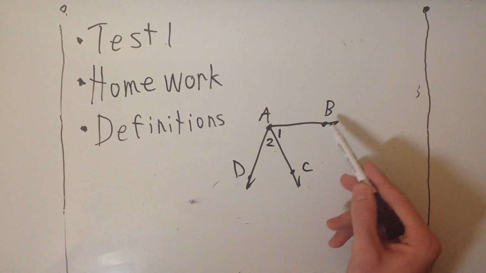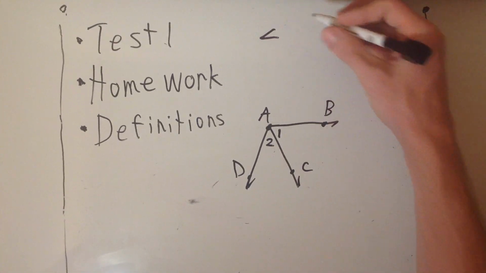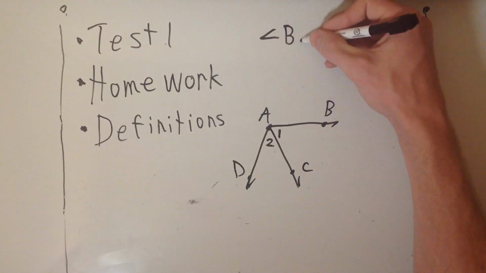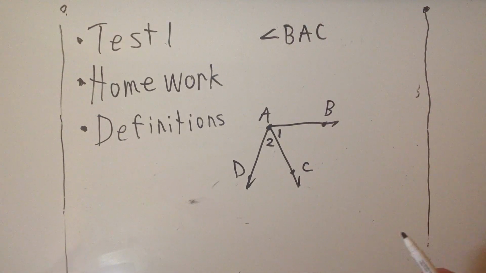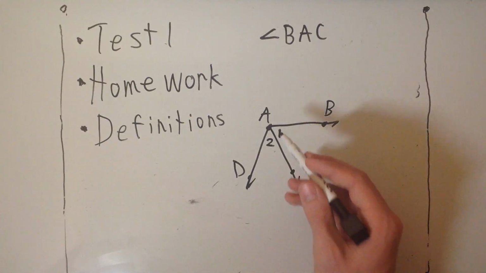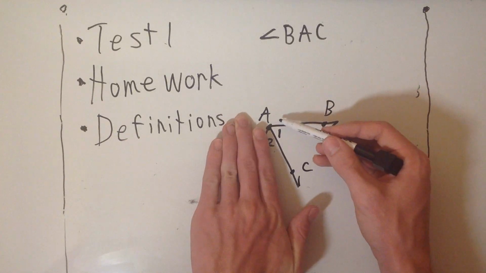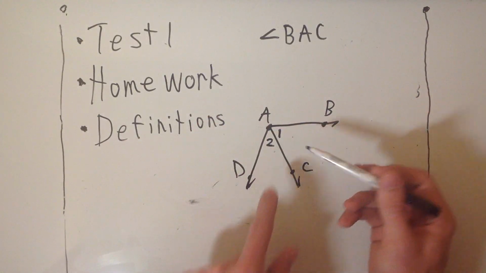To do that, we can name our angle by 3 letters. So we've got angle BAC. The vertex is always in the center. Normally, if D wasn't here, we could also call it just angle A, but we can't, because angle A refers to both angle 1 and angle 2.